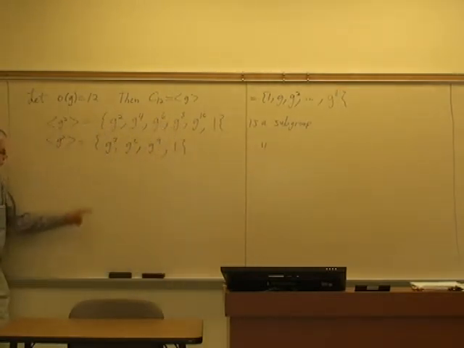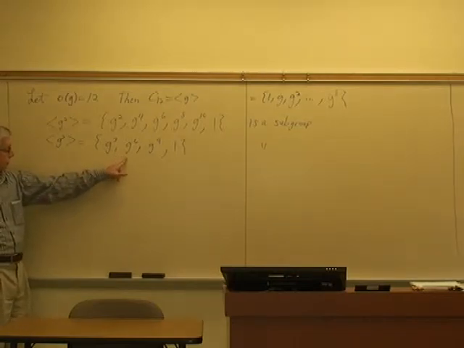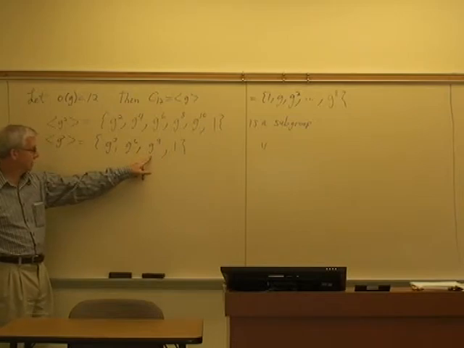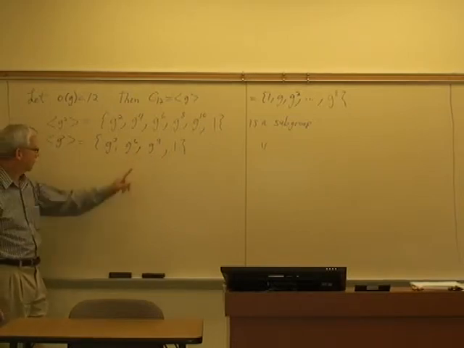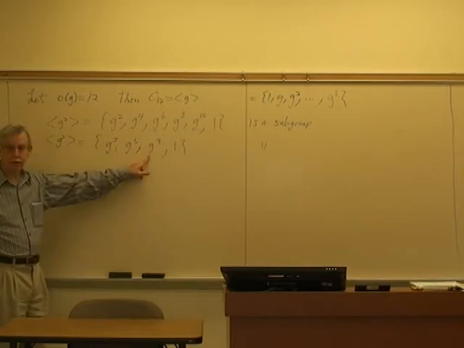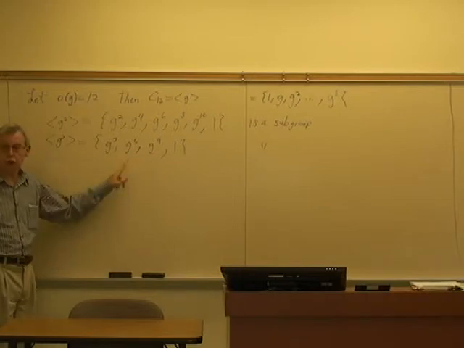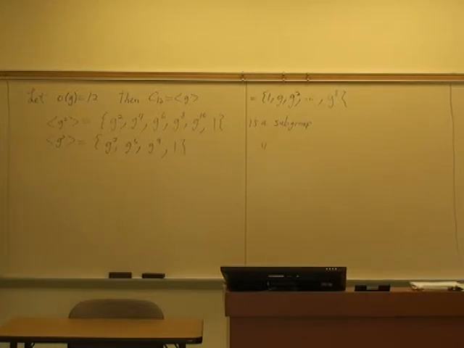What's the inverse of G to the 6th here? It's still G to the 6th, right? How about the inverse of G to the 9th? G to the 3rd. So these two are inverses of each other. G to the 9th times G to the 9th is G to the 18th minus 12 is G to the 6th, right? So it's closed again, has identity and inverses.